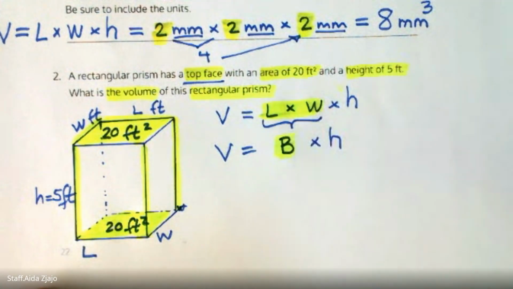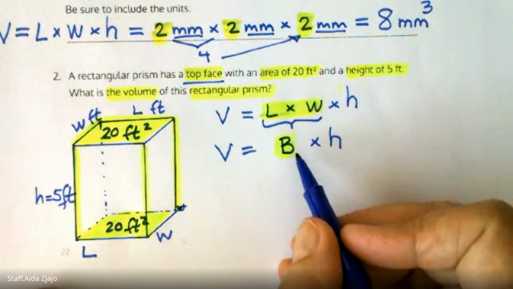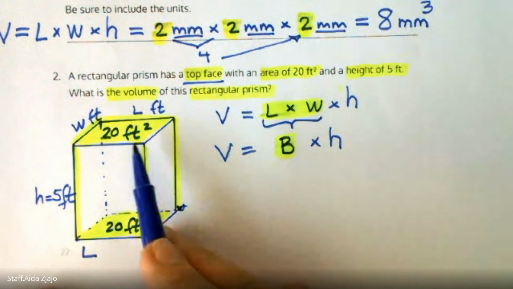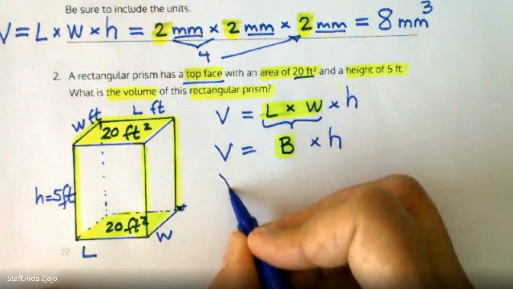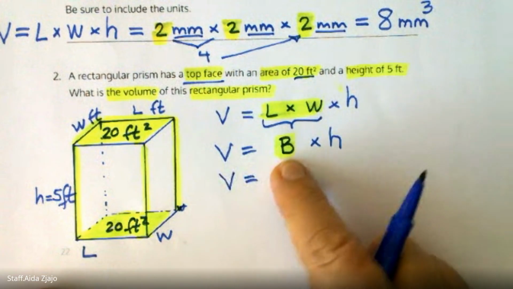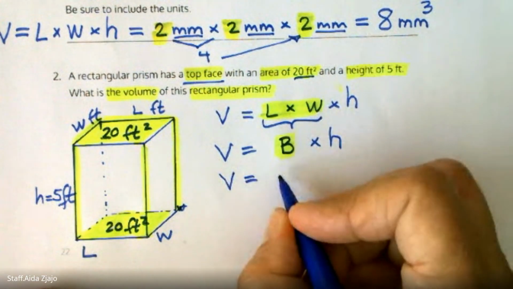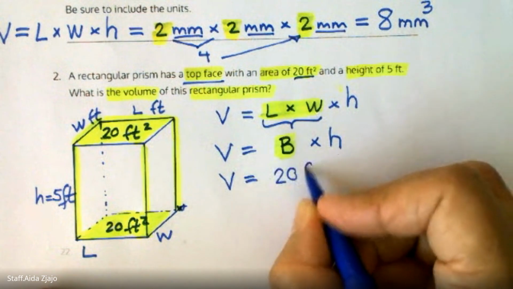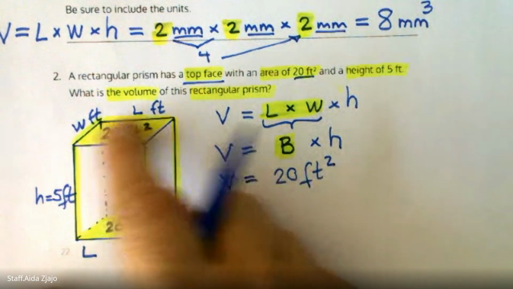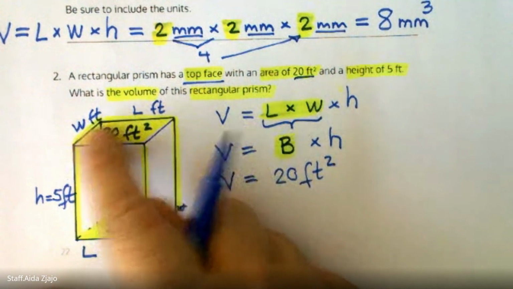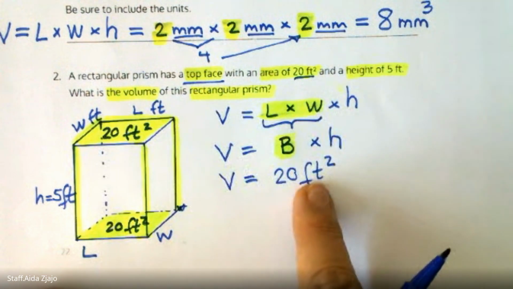Now they can give us the base already, and they did. Our base is 20 feet squared. So instead of B or T, you can use 20 feet squared. Remember, this is already calculated length times width, so it has to be in square feet.